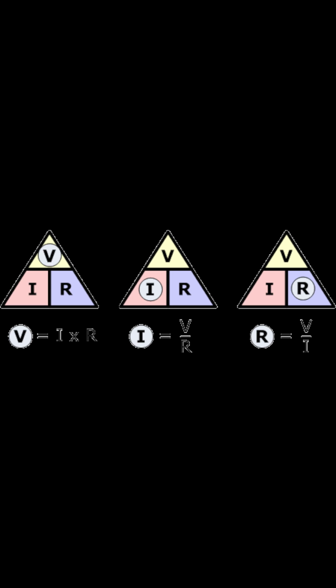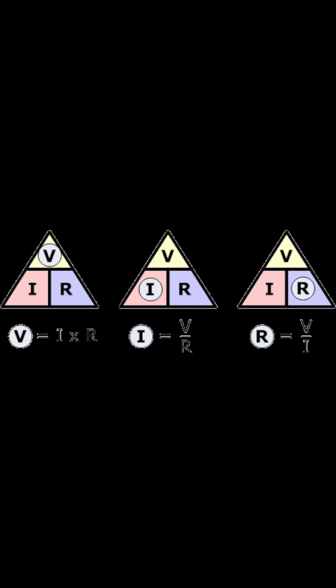Similarly, if the resistance remained constant and the voltage decreased, there would be a proportional decrease of current. He also found that if the voltage remained constant and the resistance increased, there would be a decrease of current.